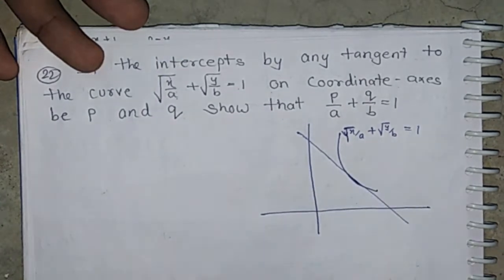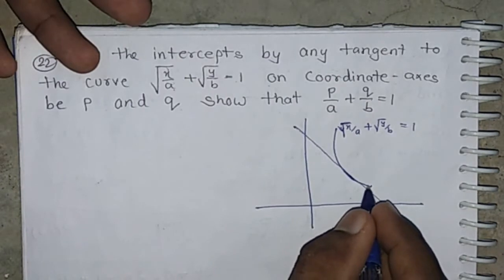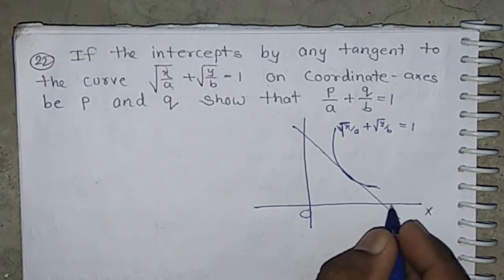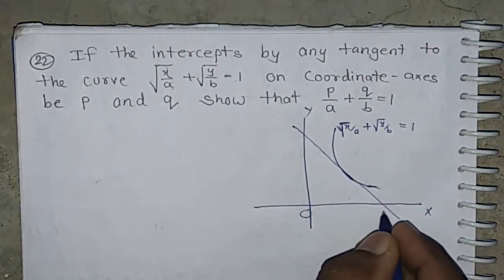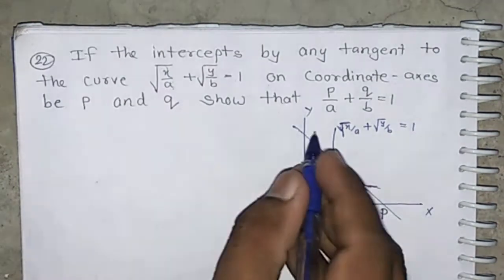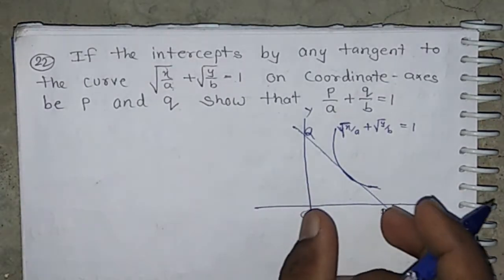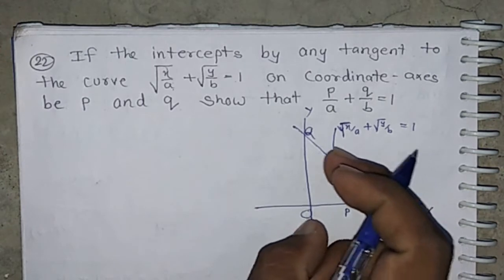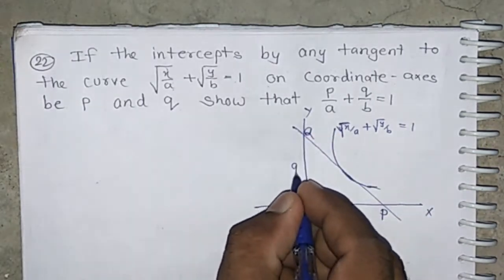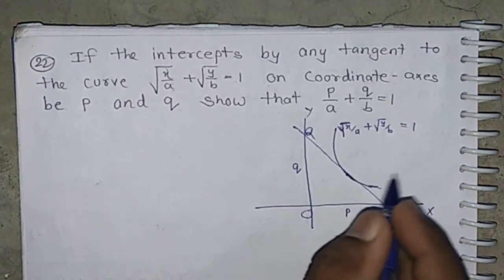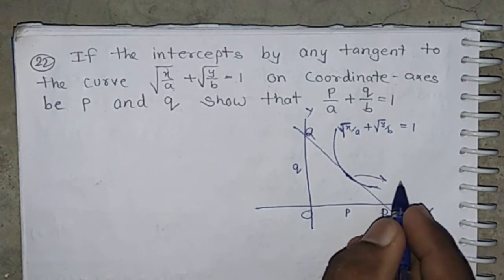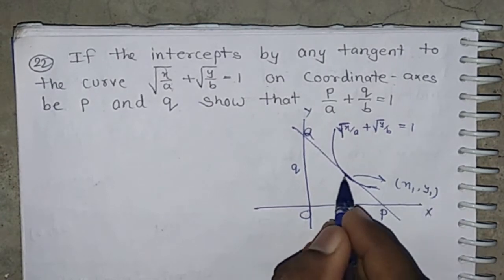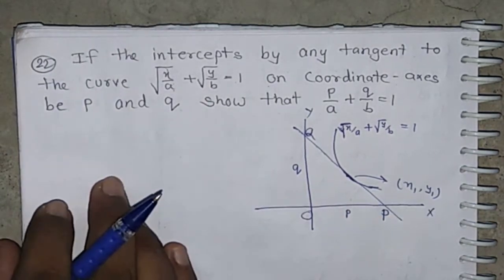It cuts OX and OY at points P and Q, and the intercept on the x-axis is small p and the intercept on the y-axis is small q, and the point of contact is x1, y1.